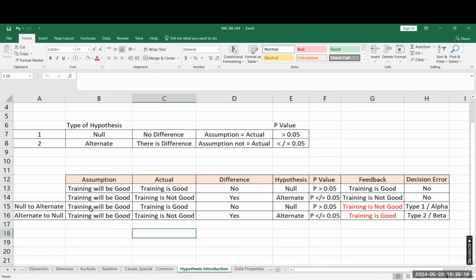Is it not the same situation? Yes, sir. So then you are making an error because your statistical data is telling that everything is good, but practically you are saying that no, this is not good. Clear? Yes, sir.